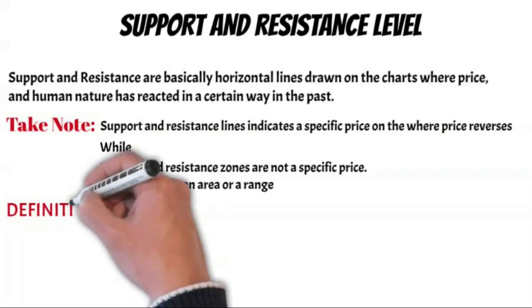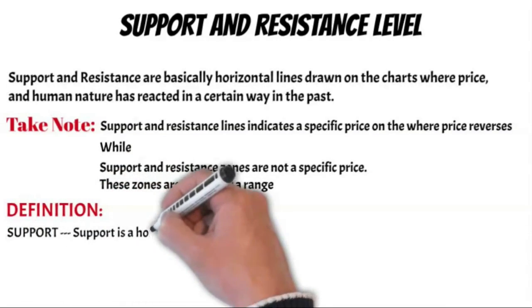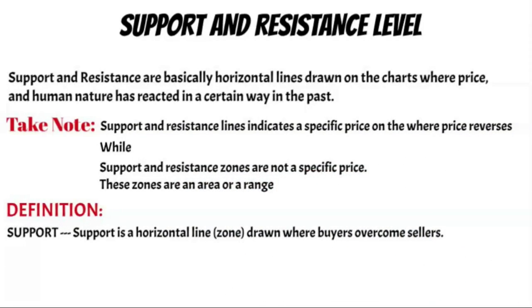Now, let's define support properly. Support is a horizontal line or zone drawn where buyers overcome sellers. So if sellers are moving the market down, buyers start to overcome the sellers, and the trend reverses. They push the trend back up in the direction from which it came.